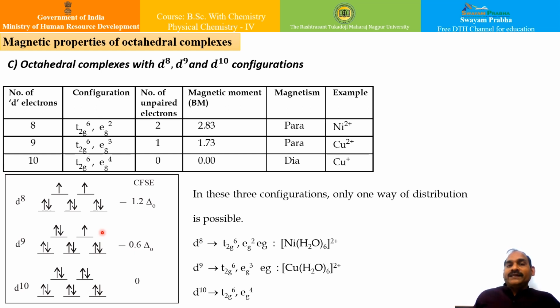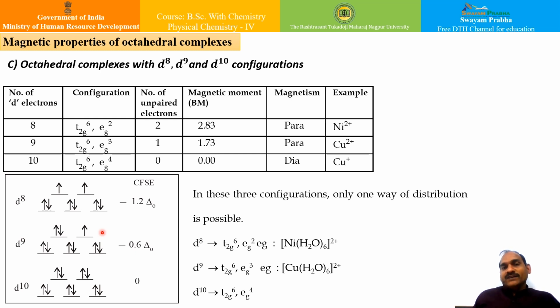And for d3, d4, d5 and d6 configurations, both the high spin as well as low spin states are possible.